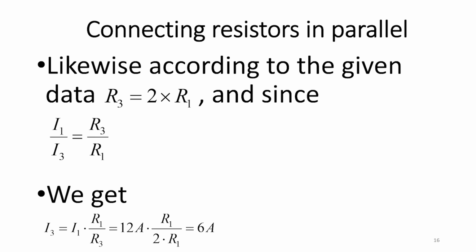Likewise, according to the given data, R3 equals 2 times R1, and since I1 over I3 equals R3 over R1, we get that I3 equals I1 times R1 divided by R3, and in this case is 12 amps times R1 divided by 2 times R1, which gives in total 6 amps.